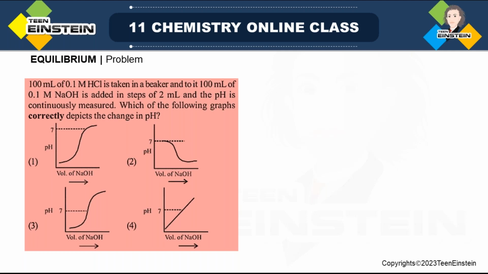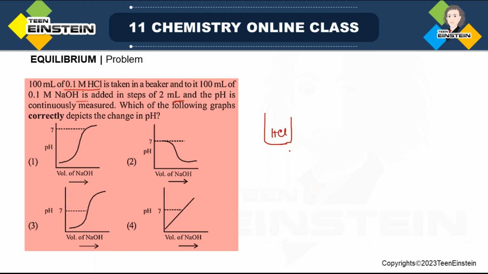Here we have a problem related to titration curve. 100 ml of 0.1 molar HCl is taken in a beaker. And 100 ml of 0.1 molar NaOH is added in steps of 2 ml. So gradually we are adding 2 ml each time, and the pH is continuously measured.